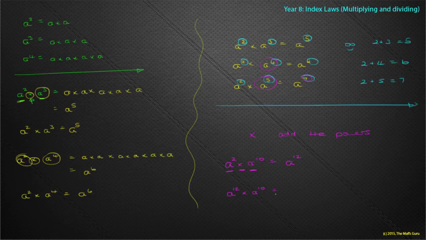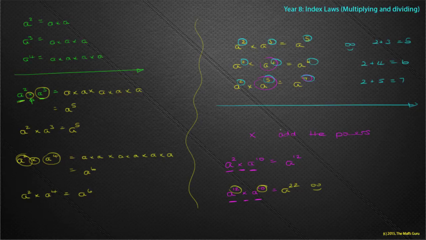Well, remember, always ask yourself the question, are they connected by a times? Yes. And are the bases the same? Yes. So when I multiply two floaty numbers together, I just add the powers. So that becomes a to the 22. Fabulous smiley face. I am a genius. Or rather, you're going to be a genius pretty soon.